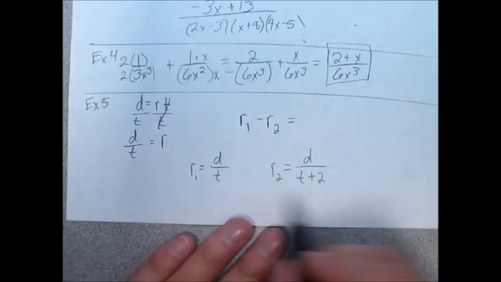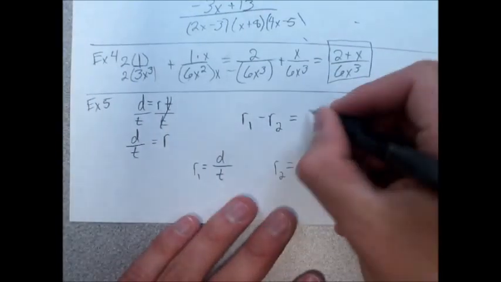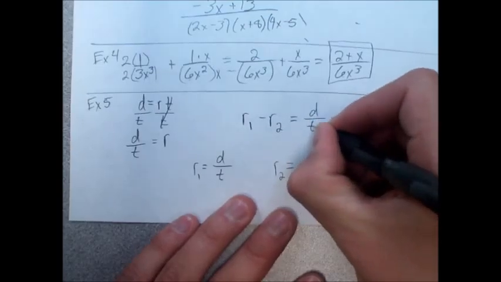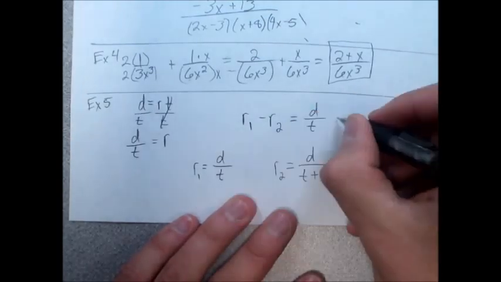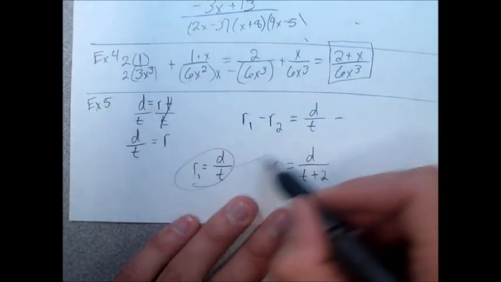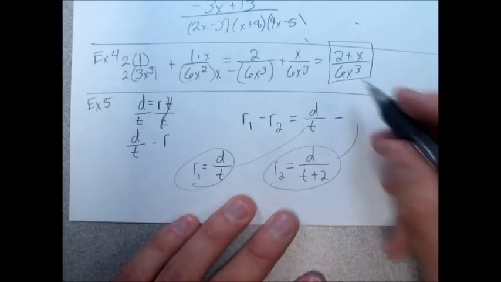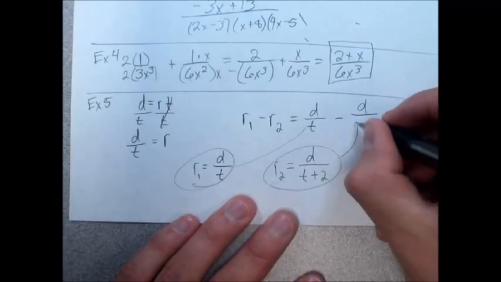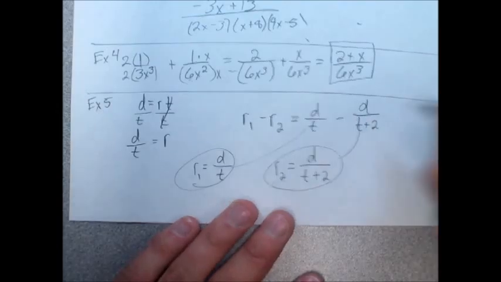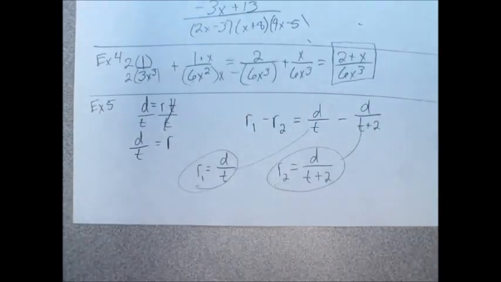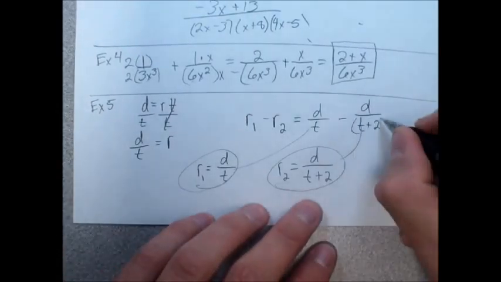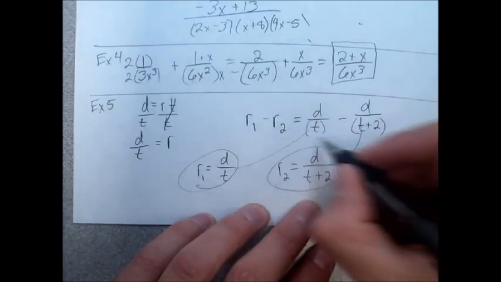So when I plug these 2 things in, I get distance divided by time subtracted from distance divided by time plus 2. And then I ask myself, what is my common denominator? Well, here I have a t plus 2, and here I have just a t.